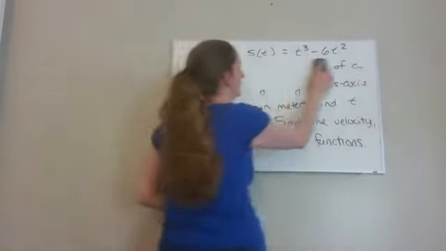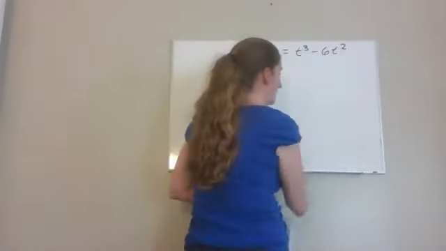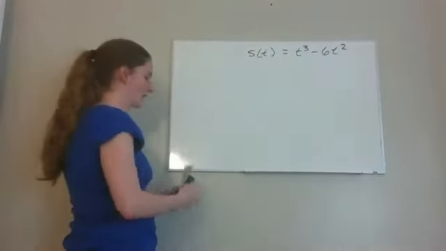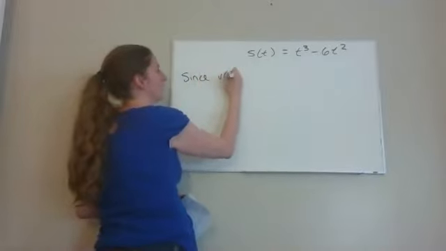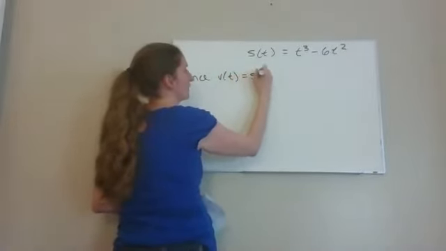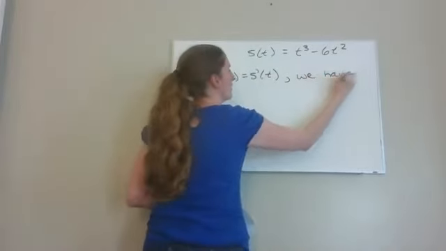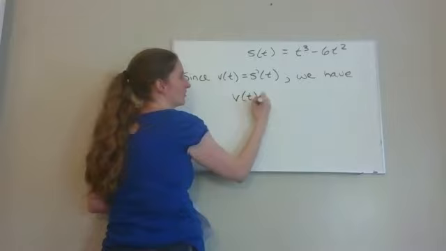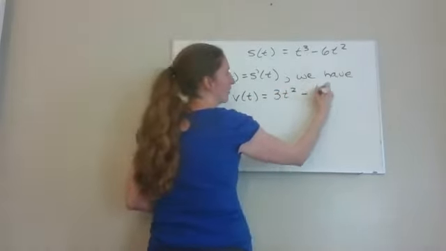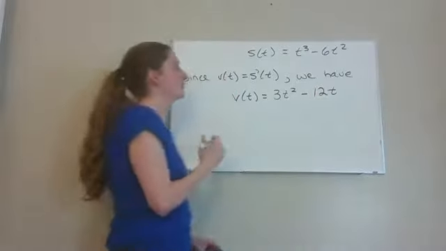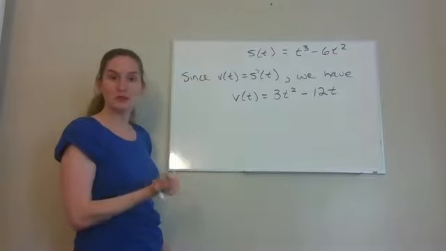I'm going to leave my S of t written down up there at the top. And let's find our velocity function. So since our velocity is equal to the derivative of position, we have that the velocity function is equal to 3t squared minus 12t, and we got that just by taking the derivative using our power rule.